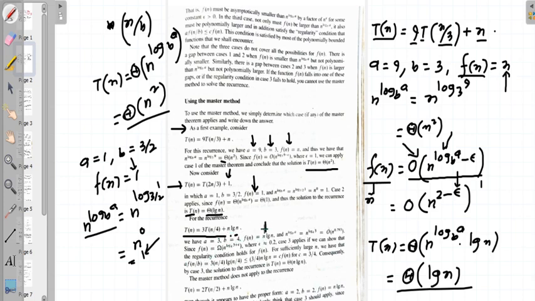Then n power log a base b, where a is 3 and b is 4, will be order of n power 0.793. So this n power log 3 base 4 will be less than 1.